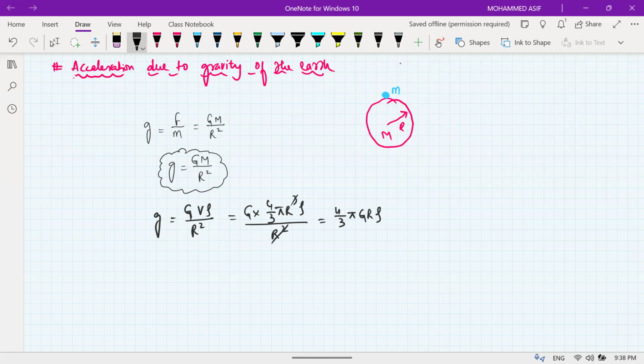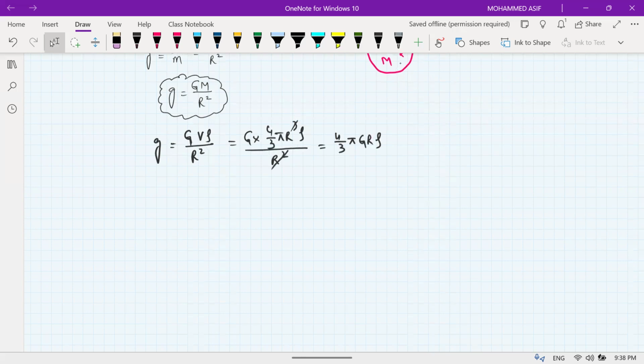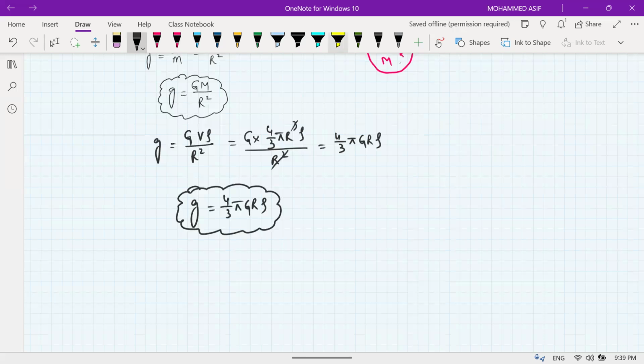So this is the relation between small g and density. Small g is equal to 4 by 3 pi into G into R into rho. Acceleration due to gravity in terms of density: small g is equal to 4 by 3 pi capital G capital R rho. Okay.